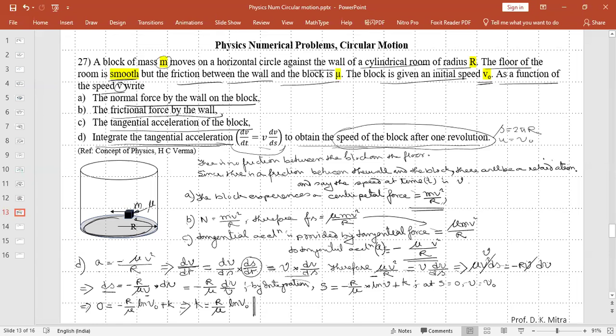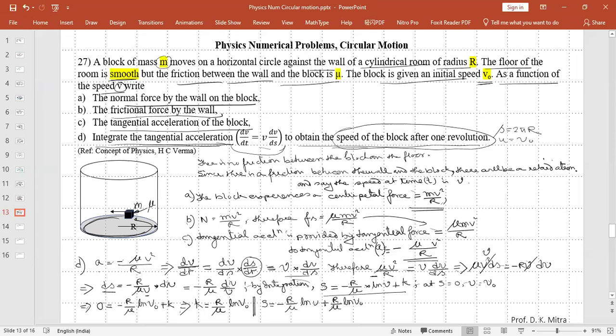Now we have to just put the value of k in our equation of s. So if we put the value of k in our equation of s, s is equal to minus r upon mu, natural log of v plus k, which is r upon mu, natural log of v0.